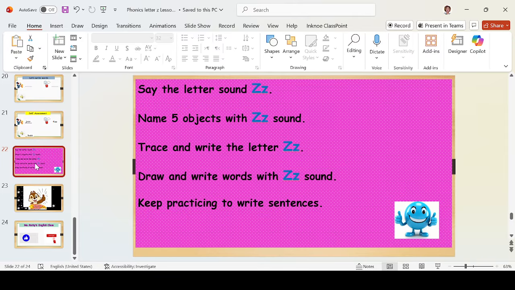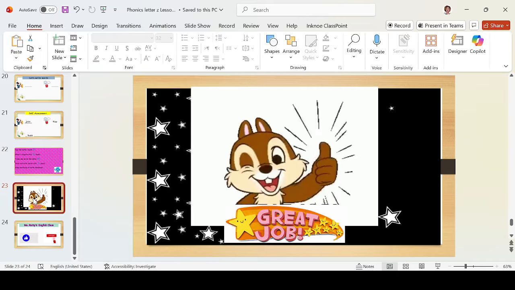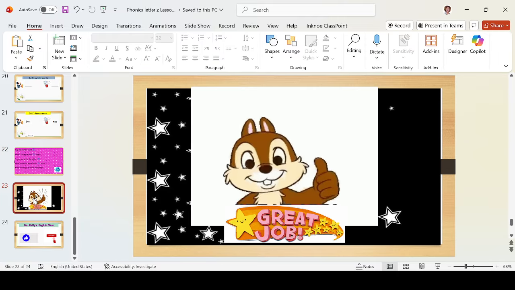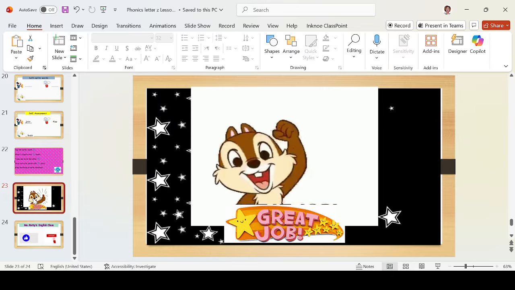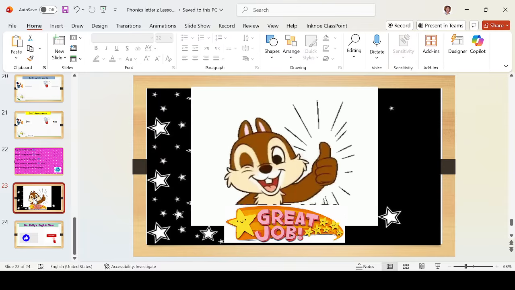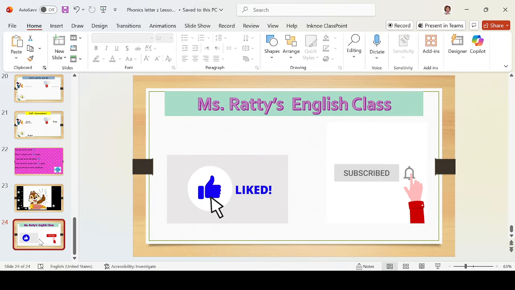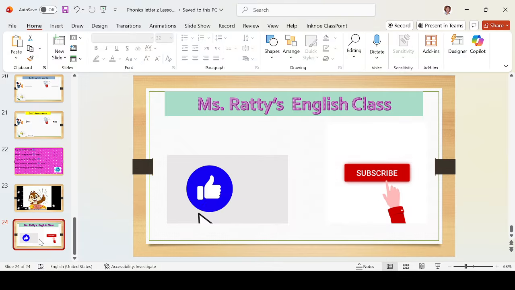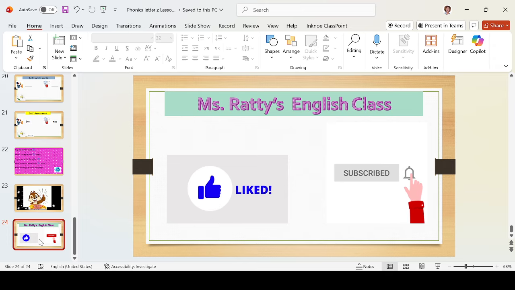Then I think that's it for today. I want to say great job. Well done, well done, well done. And thank you so much for joining the lesson with Miss Ratty. I want you to keep on practicing to read and write letters, words, and sentences.